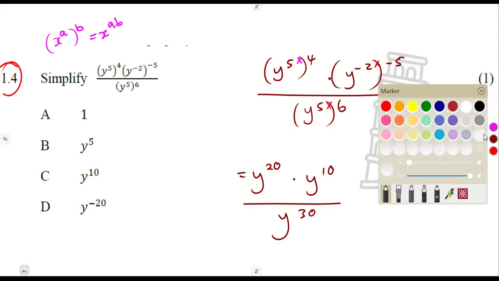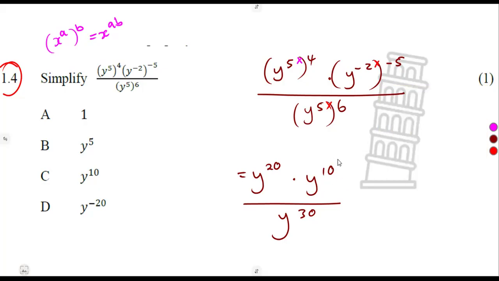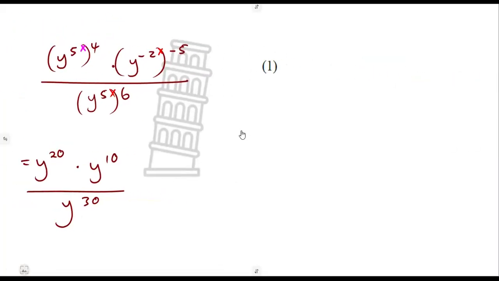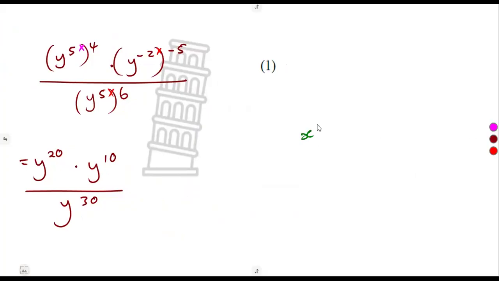But as we can see, we have on the numerator, the y on its own, another y on its own, multiplied together. So what are we going to do? We are supposed to use the law. X to the exponent of a times x to the exponent of b. What do we do? We add exponents because we are multiplying bases which are the same.